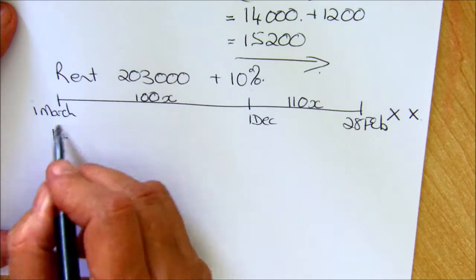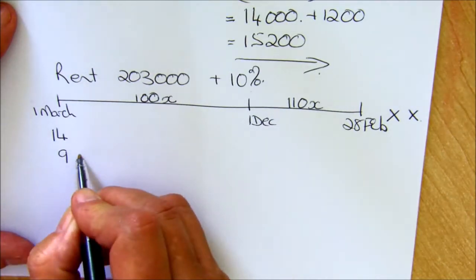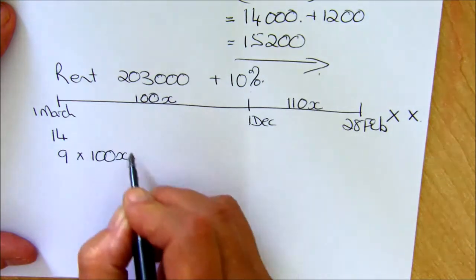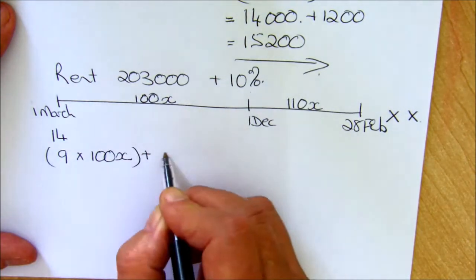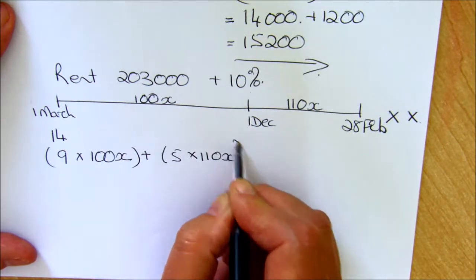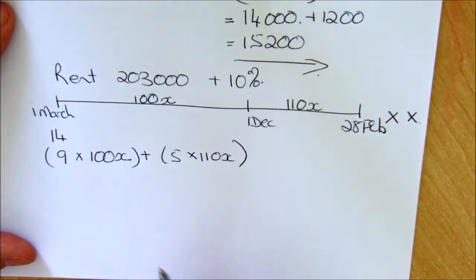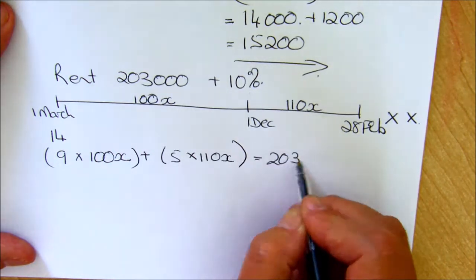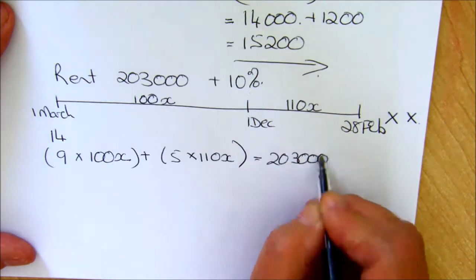So, of the 14 months, 9 months there was 100 x's, plus then 5 times 110 x's. It's gone up by 10%, equals the 203,200.